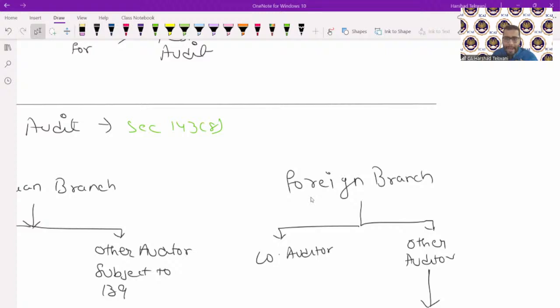Not just because I am speaking over here and providing the information, but you should also understand the logic why it is so. Don't hesitate in asking any question. Also provide your feedback, because it's very important for us to understand what you need and what we need to improve. Okay, so this was with respect to branch audit.